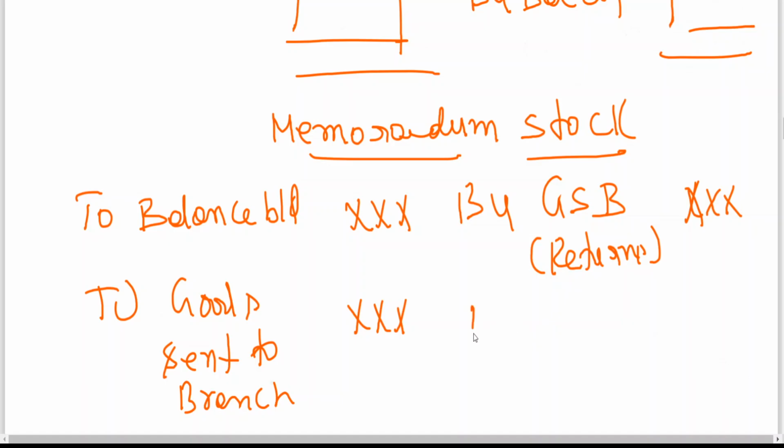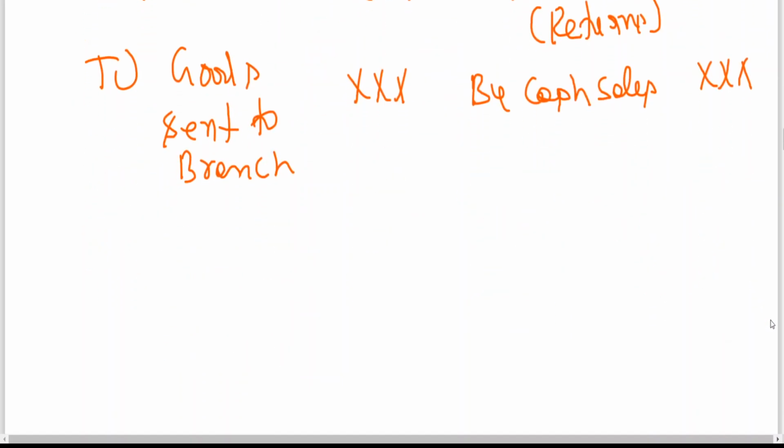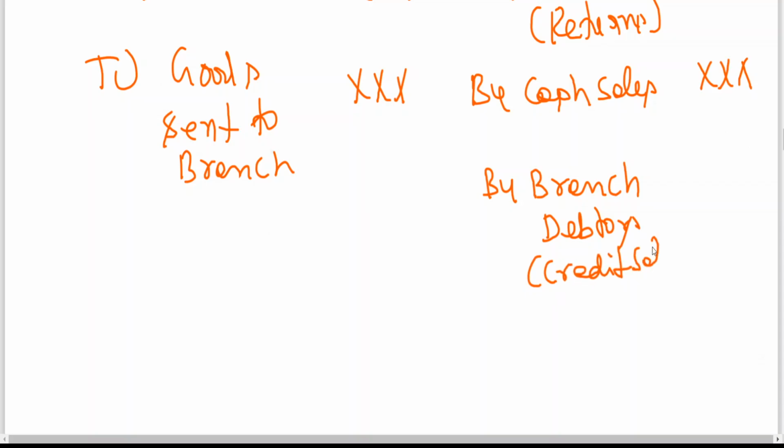Then by cash sales. Then by branch debtors, credit sales. By normal loss.